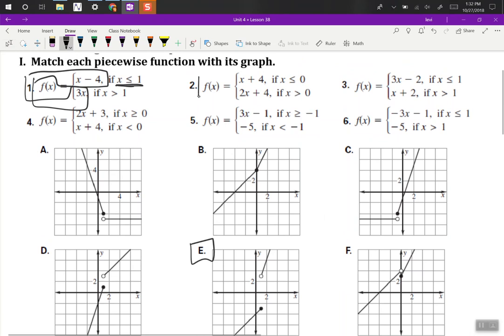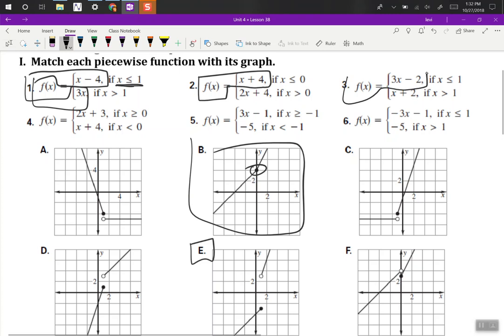Then 2, we're looking for a y-intercept of +4 for x values greater than or equal to 0. Well, here's a y-intercept of +4. Any other y-intercepts of +4? So it has to be B. C, we're looking for a y-intercept of -2.